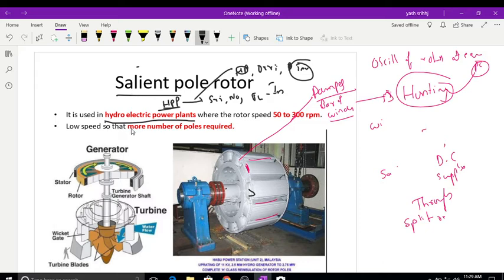In such places, where thermal power plants are not available, we should use hydroelectric power plants. You can see the setup here.